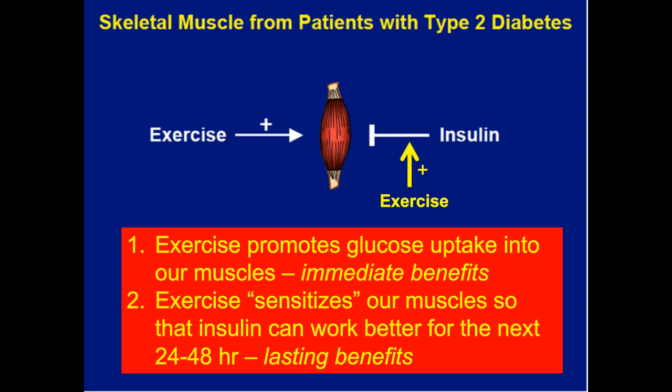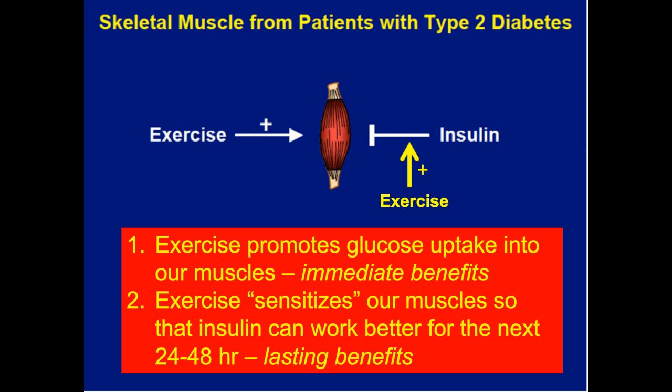The other really cool thing about exercise is that it makes your muscles more sensitive to the insulin for the next 1 or 2 days. So if you do a bout of exercise today, your muscles are able to see the insulin better for at least another day. So that means that insulin works better after exercise.